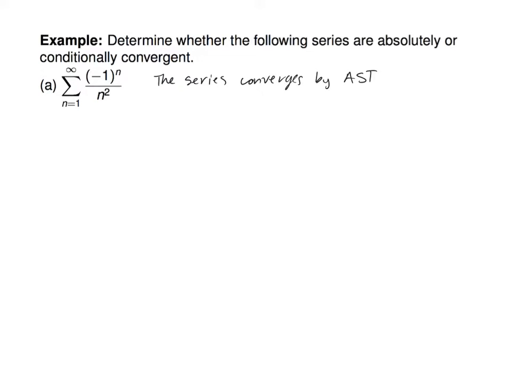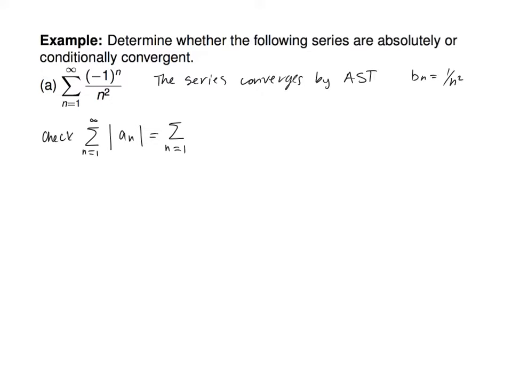That would not be a very hard AST to do. Your b sub n would equal 1 over n squared. Obviously, that goes to 0 as n goes to infinity, and the b sub n's are obviously decreasing. Now check the sum from n equals 1 to infinity of the absolute value of your terms.